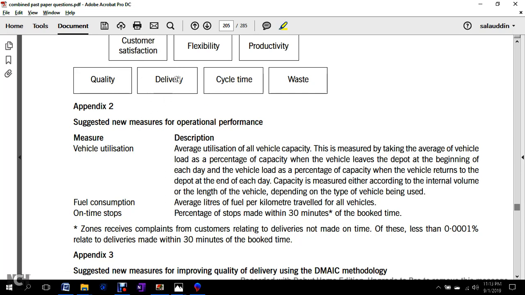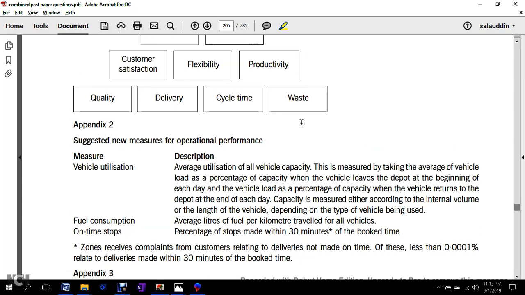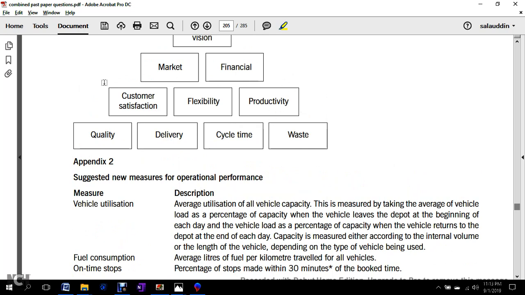If we can deliver within the time, if it takes less time, if our cycle time is low, we are flexible. If our cycle time is low and our percentage of waste is less, then we are productive. So this third level will be achieved by the achievement of this level.